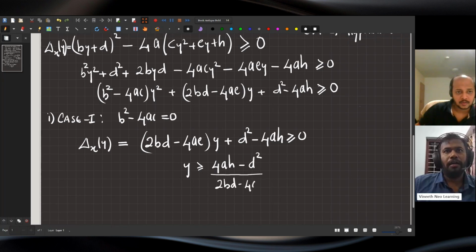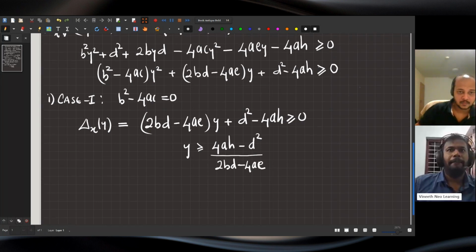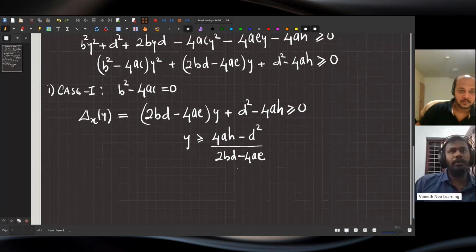Am I right? That is, y should always be greater than or equal to 4ah minus d squared over 2bd minus 4ae. This is the condition for x to be real in the first case, where b squared minus 4ac is equal to 0.